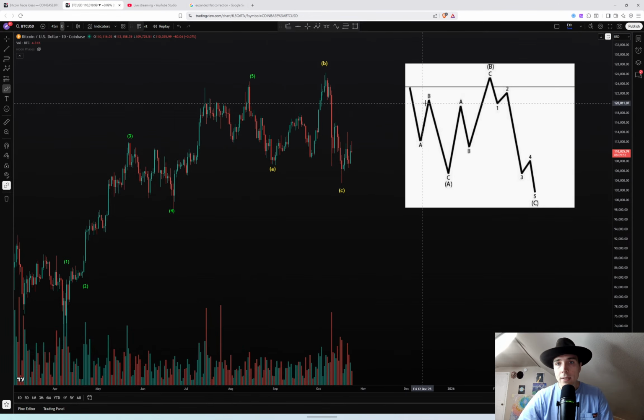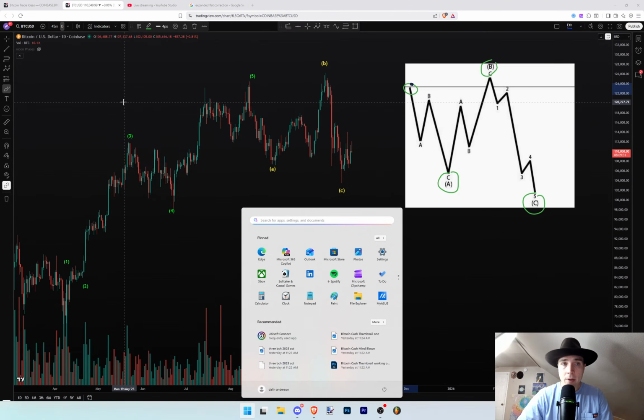So essentially inside of an expanded flat you have an A wave, a B wave, and a C wave. But the B wave actually goes up above the top of wave 0. So this is wave 0 right here. And you actually go up above the top of wave 0. Wave 0 also coincides with the top of wave 5.